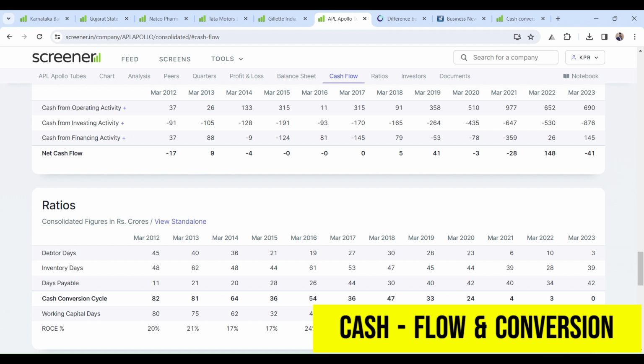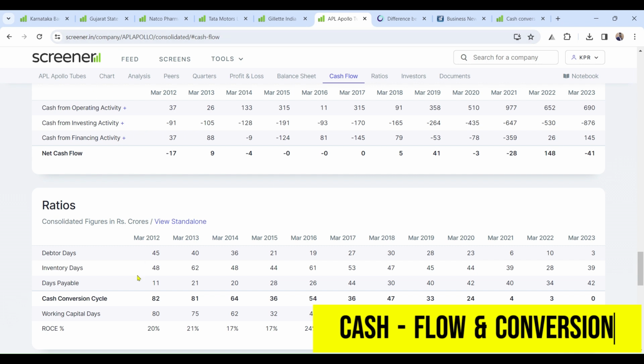Which is better? Whenever I have a load of inventory, goods in my factory, the sooner I sell it and make a profit, the better, than keeping it for 100 days, 200 days, 300 days. So the lesser the cycle, the better it is.